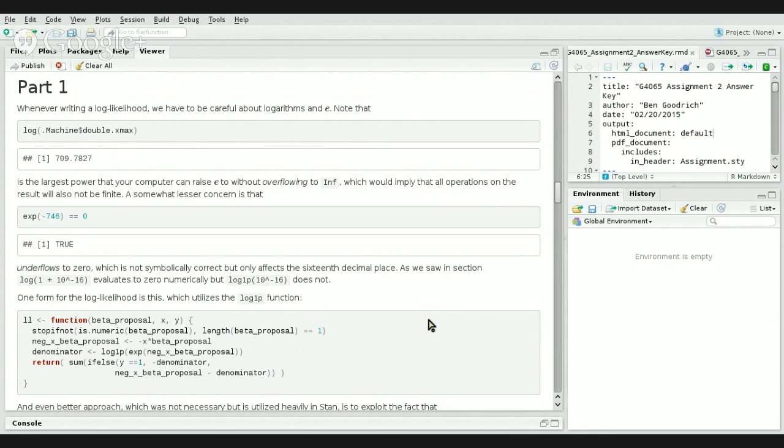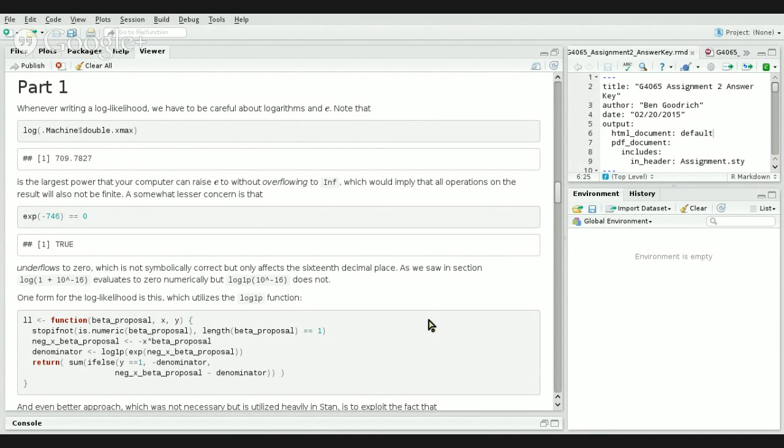So anytime you might have numbers that big, you can run into problems using e, because if anything overflows and R just counts it as infinity, then infinity minus something is still going to be infinity. It's just going to stay infinity until the end of the calculation, and most likely result in an error message.